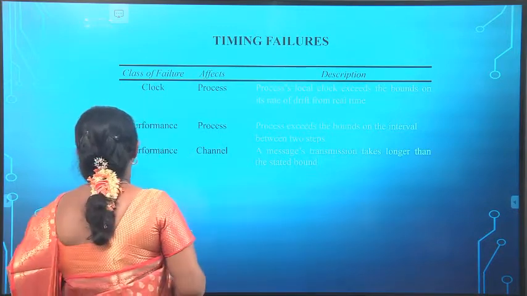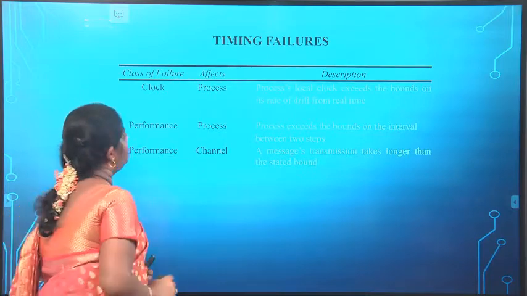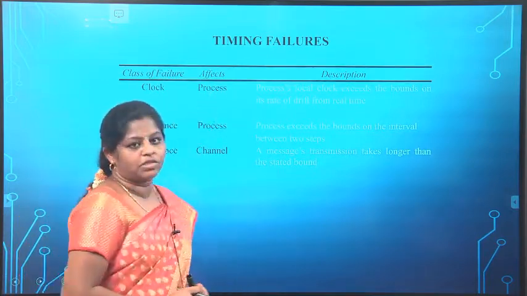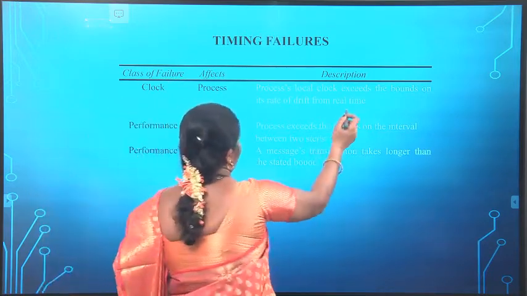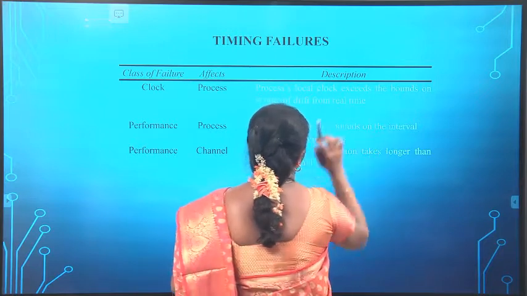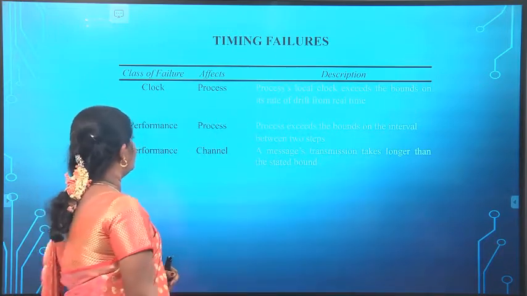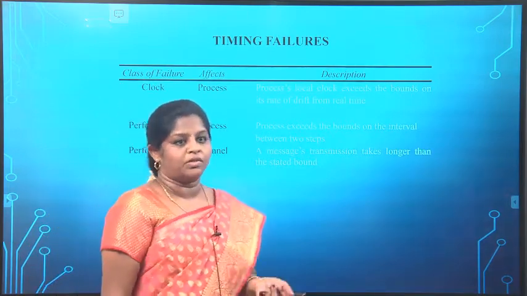Here we have three classes of failures. One is clock and performance. The first one, clock, will affect only the process, and it is described with the help of the timing boundary. Next one is performance. Performance will affect both process and the channel.